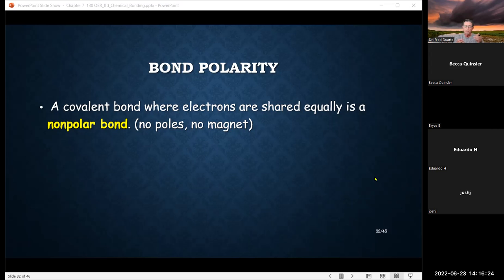What we mean by non-polar is that when you get a bond where the electrons are equally shared, you have a scenario like this, where, let's say a generic formula, A, whatever A could be, is bonded to another A.